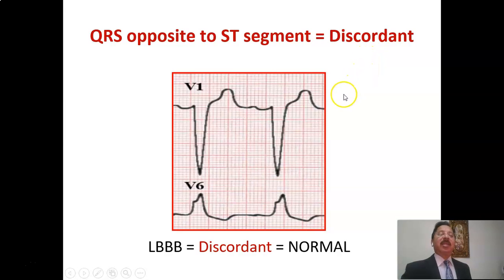And if you get discordant QRS complexes on the ECG, it's normal. So left bundle branch block is usually associated with discordant changes. Discordant means the QRS complex is opposite to the ST segment. You see here, the QRS complex is negative and the ST segment is positive. They're just on opposite sides.